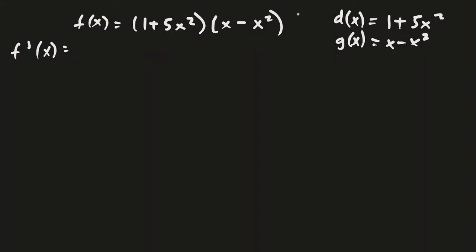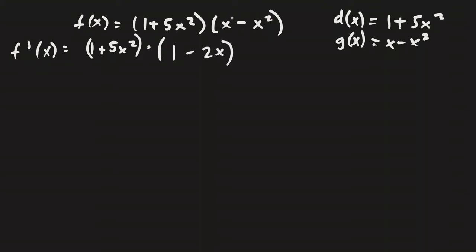So if I were to follow the rule that we had, except I don't have f here, I have d, I would just do 1 plus 5x squared multiplied by the derivative of x minus x squared, which if you calculate using the difference rule and the power rule, you would get 1 minus 2x.